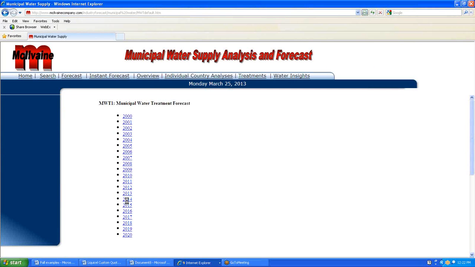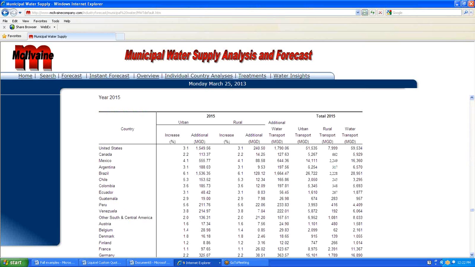And so you can look at the numbers for any country, for any year. Let's just say 2015, and it gives you the number of MGD, or million gallons a day, of new plants that will be constructed and existing plants for every country of the world.